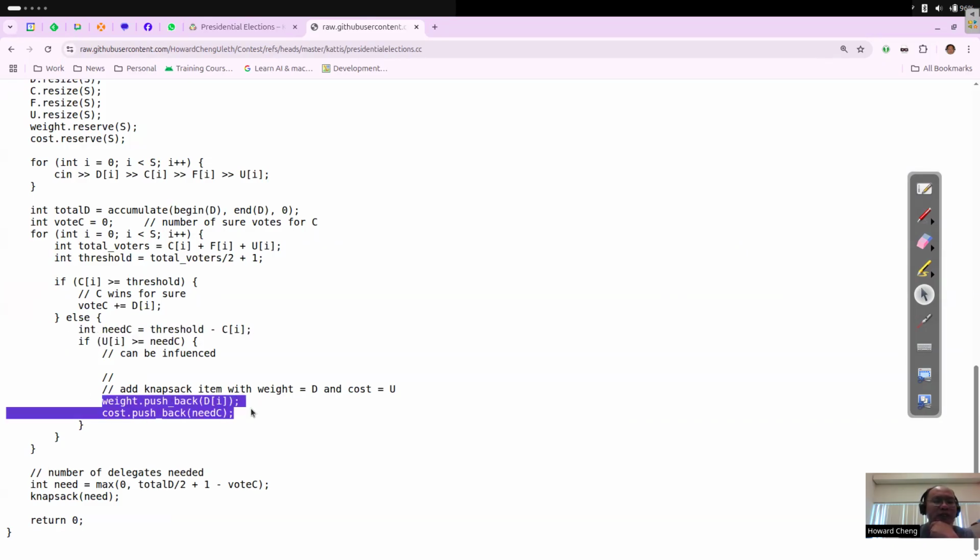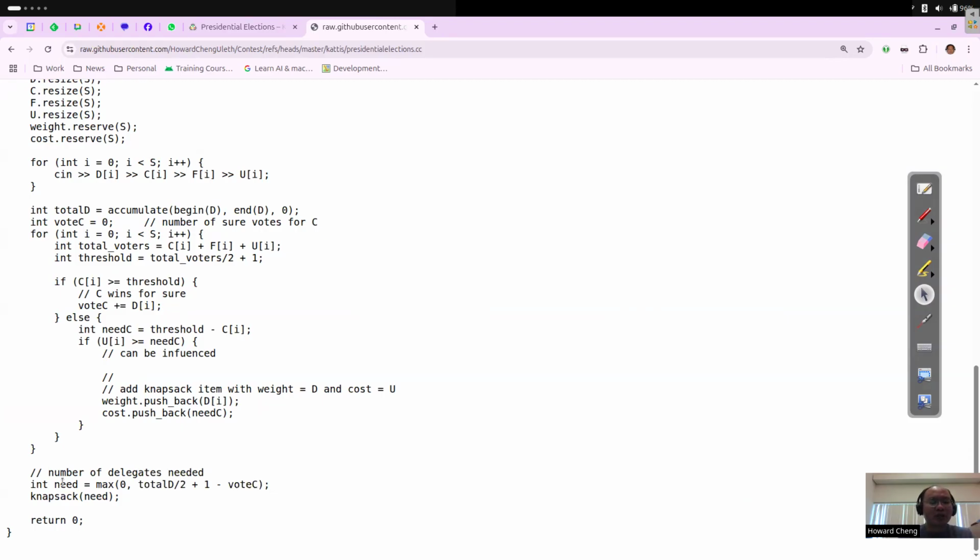If so, now you have another new item in the knapsack for weight D and cost C. This thing needs C. And then how many delegates you really need, at least. It's the total delegates divided by 2 plus 1, but then minus the number of delegates you already got.